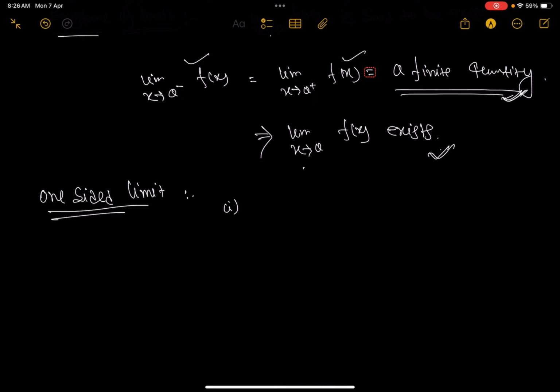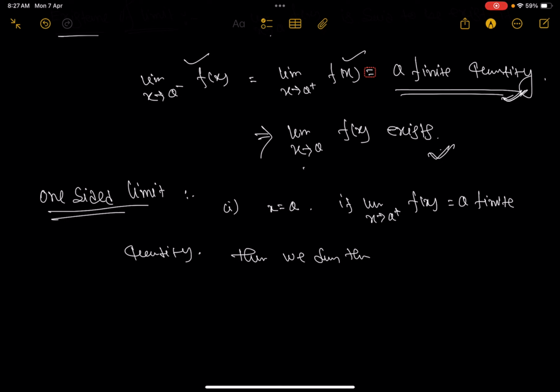For the first case, if the function is not defined in the left neighborhood of x equal to a, but the limit as x extends to a plus of f of x equals a finite quantity, then we say that the limit as x extends to a of f of x equals the limit as x extends to a plus of f of x equals a finite quantity.